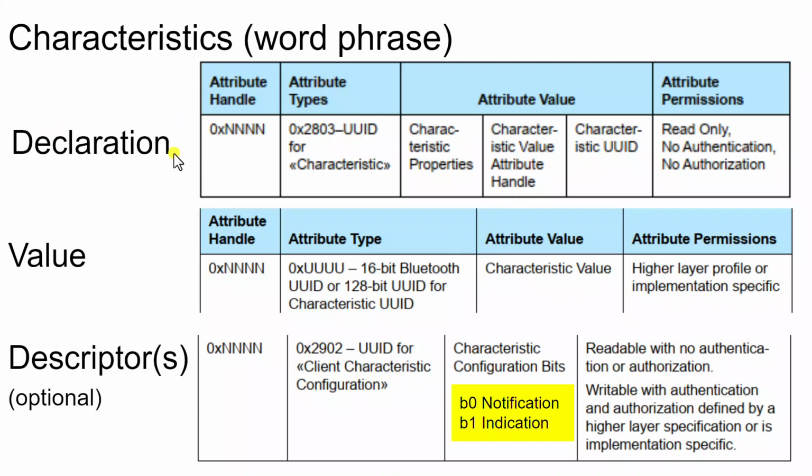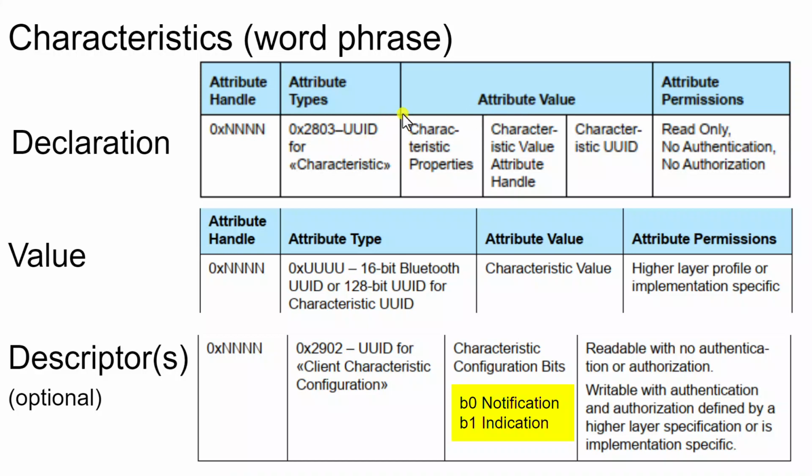So all characteristics have an attribute, and you see here that it'll have some handle of location in the database. The declaration attribute that describes a characteristic always has this 4-digit hex UUID. This is the special registered one with the Bluetooth SIG, and that 2803 means that this is a characteristic attribute.